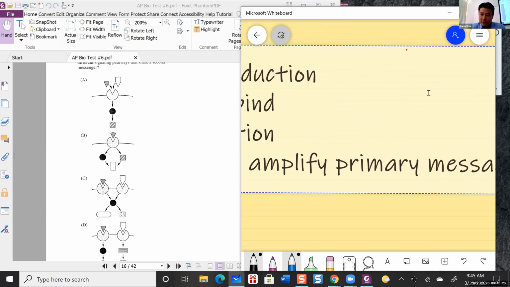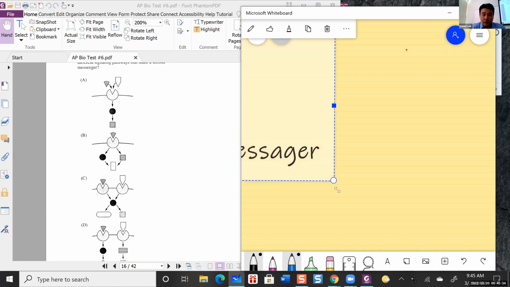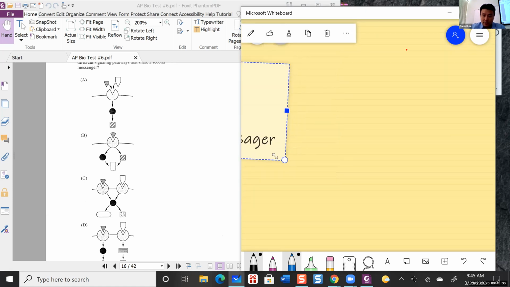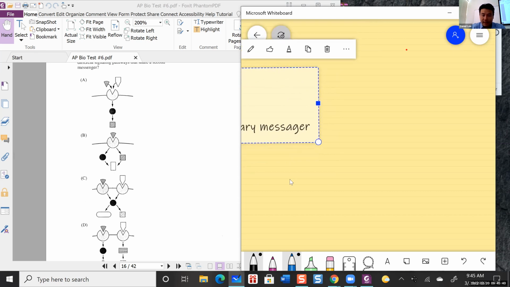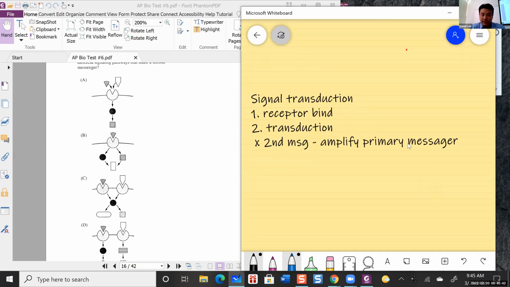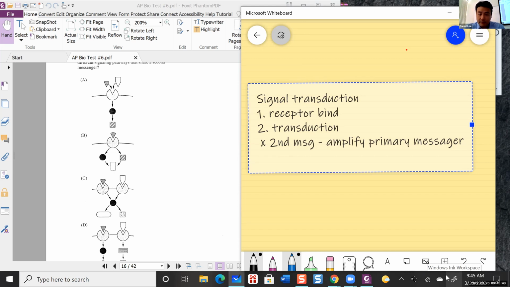The primary messenger is always the original hormone. And don't forget that when you look at these kinds of questions, only the protein hormones use signal transduction, because steroid hormones don't do signal transduction. They enter the cell and bind to DNA directly. And the third one is the cell response.